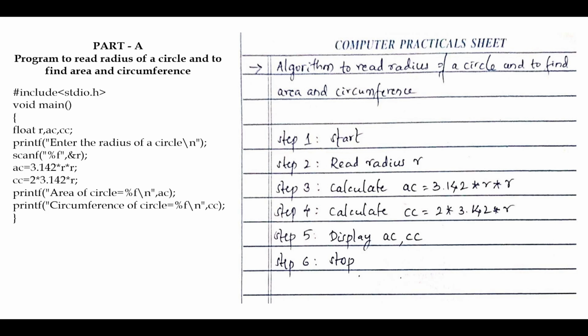Finally, after getting the results, we display them on the screen: the area of circle stored in AC and the circumference of circle stored in CC, and the last step is stop. Got it?